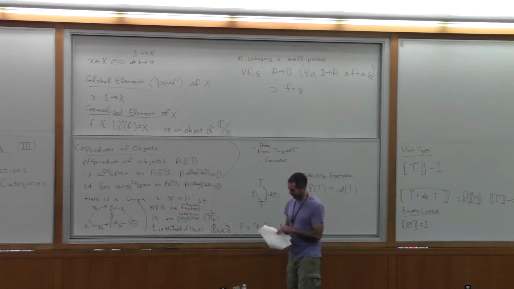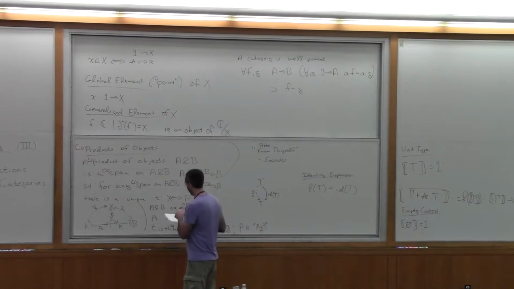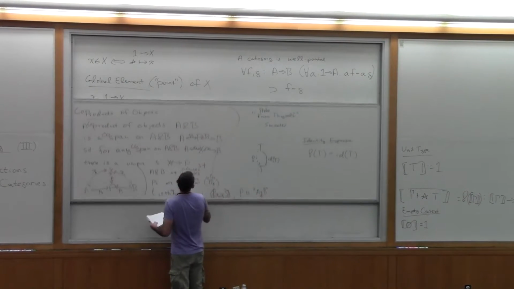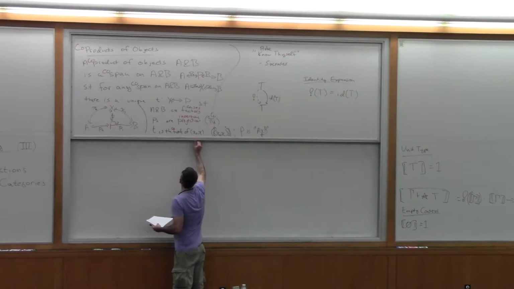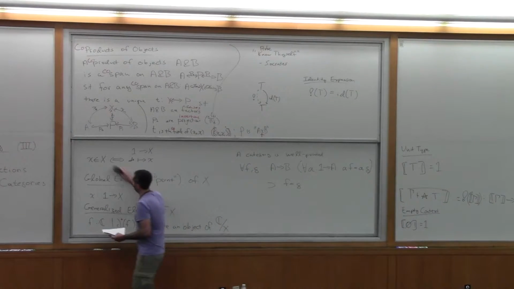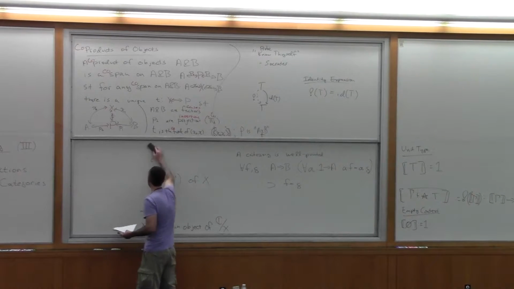Okay, so let me see. Right, so we have a universal construction. So the next thing to do is to follow Socrates' dictum and figure out what we know about it by probing it with itself.